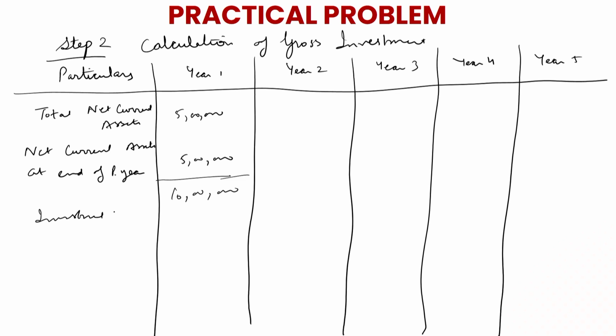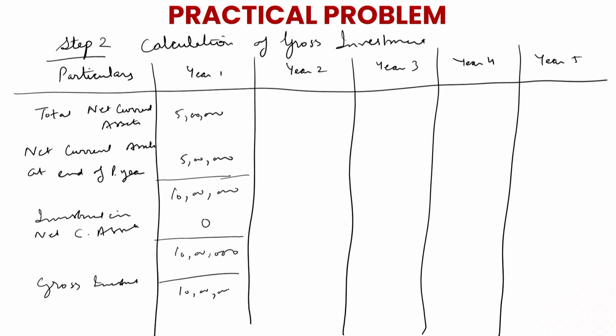Investment in net current assets, nothing is mentioned for year 1, so this would be 10 lakh only. So my gross investment would be 10 lakh.